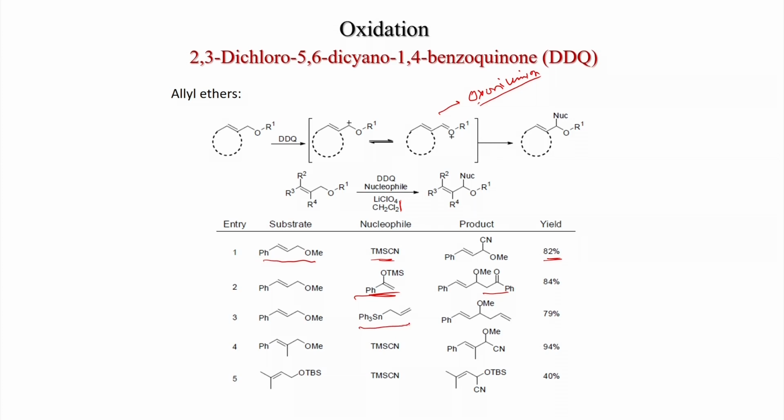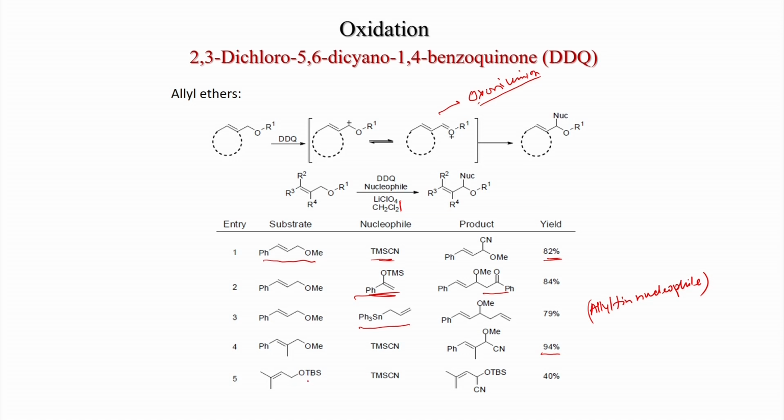Similarly, allyl nucleophile, allyl tin nucleophile can be reacted with this allyl ether to get this product in 79% yield. Similarly, if there is a branch also, the reaction is possible. So, the branching does not affect the oxonium ion formation, and you get 94% yield.